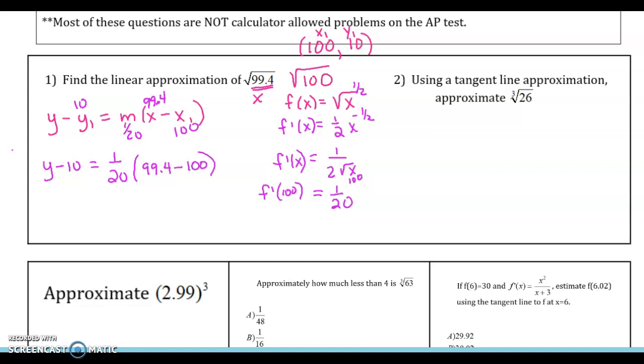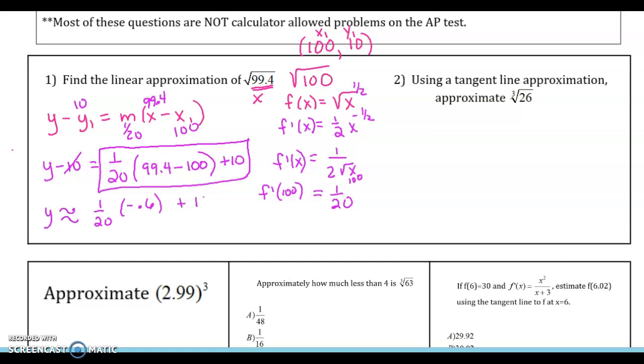Okay. So then if I wanted to solve this, I could add 10 to the other side. And I can do this one pretty well in my head. So I get y is about 1 over 20 times negative 0.6 plus 10. And I know you think, well, really? Can I really do that?